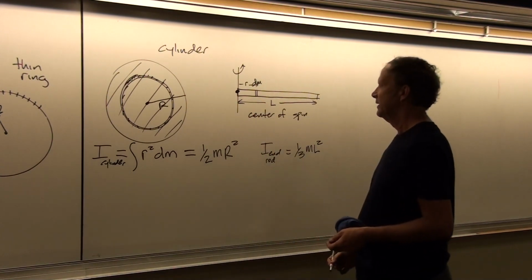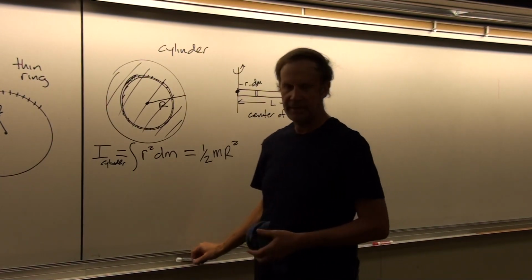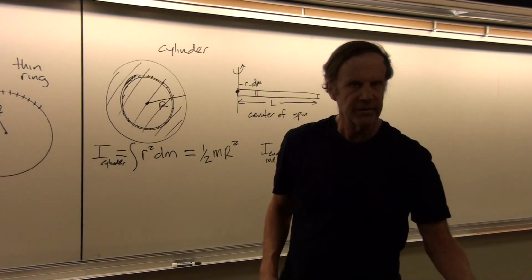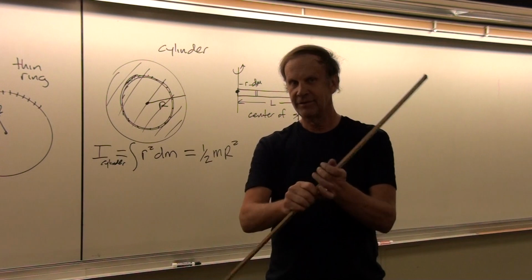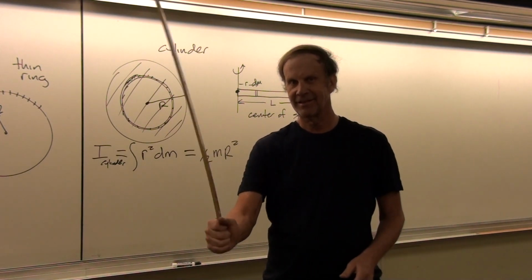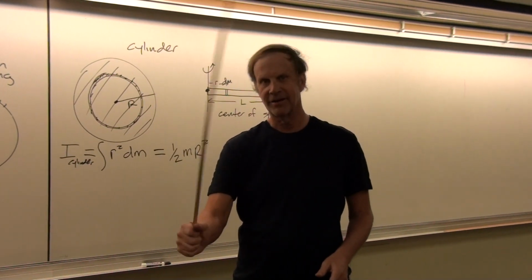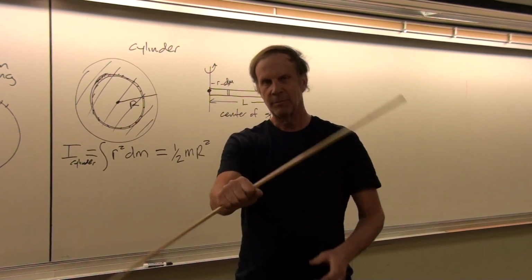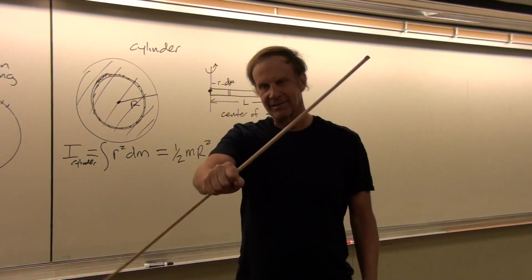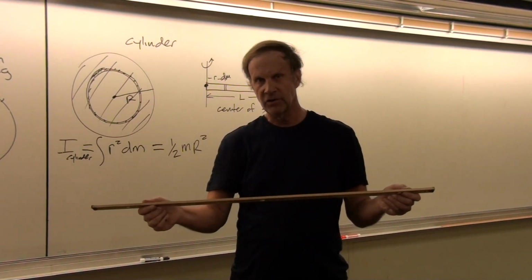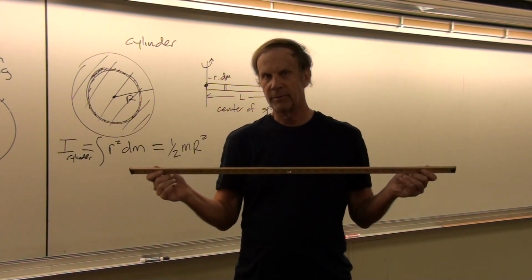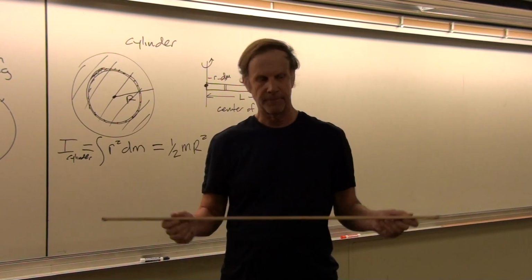of the rod. On the other hand, if we were to rotate it about some different axis, say about the center, we do that versus this. This one's harder to rotate about this axis, but easier to rotate about this axis. The reason, of course, is that the r values don't get as big, and the moment of inertia depends on r squared.